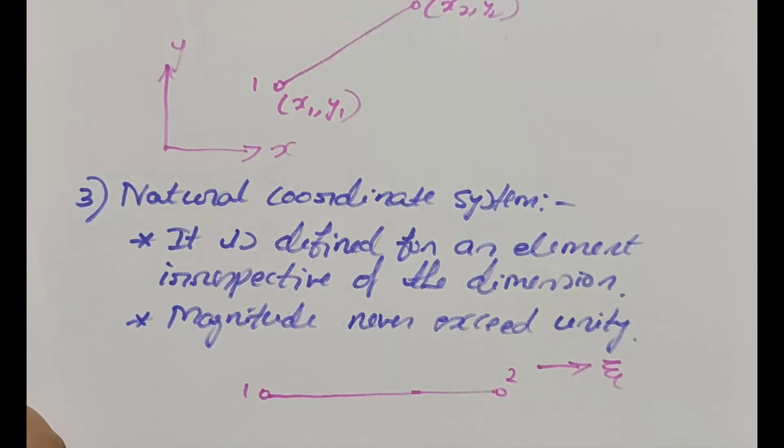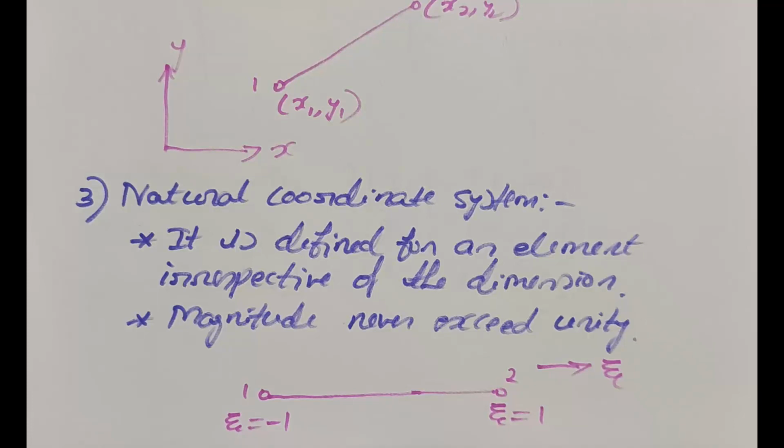It varies from -1 to +1. Means at node number 1, the value of zeta will be -1, and at node number 2, the value of zeta will be +1. It varies from -1 to +1. The magnitude will never exceed unity for an element in a natural coordinate system.